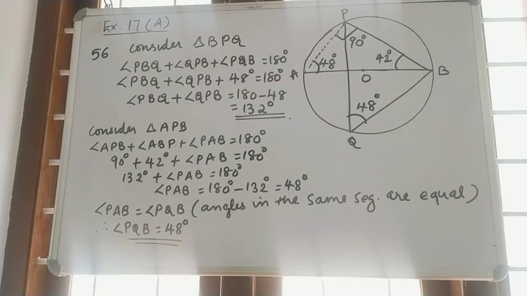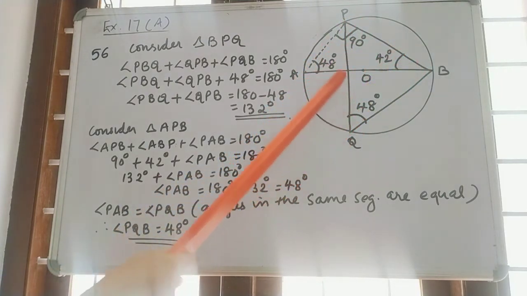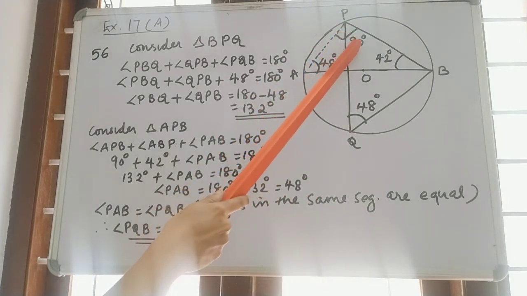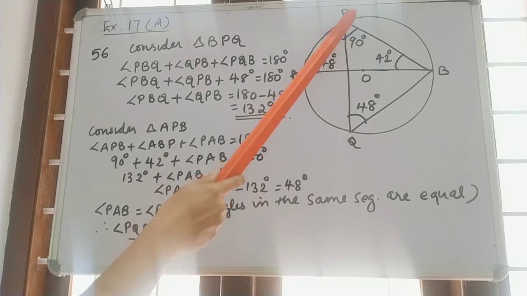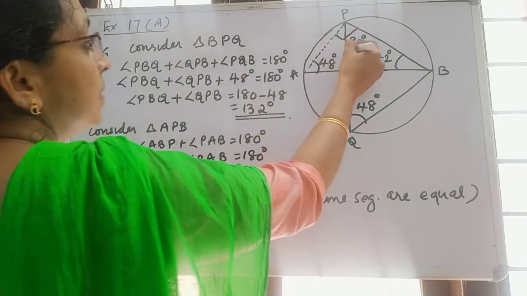Next, consider triangle BPQ. We know sum of angles of a triangle is 180 degree. This whole P is 90 degree. We are considering only this PQB, so we are taking only this angle.